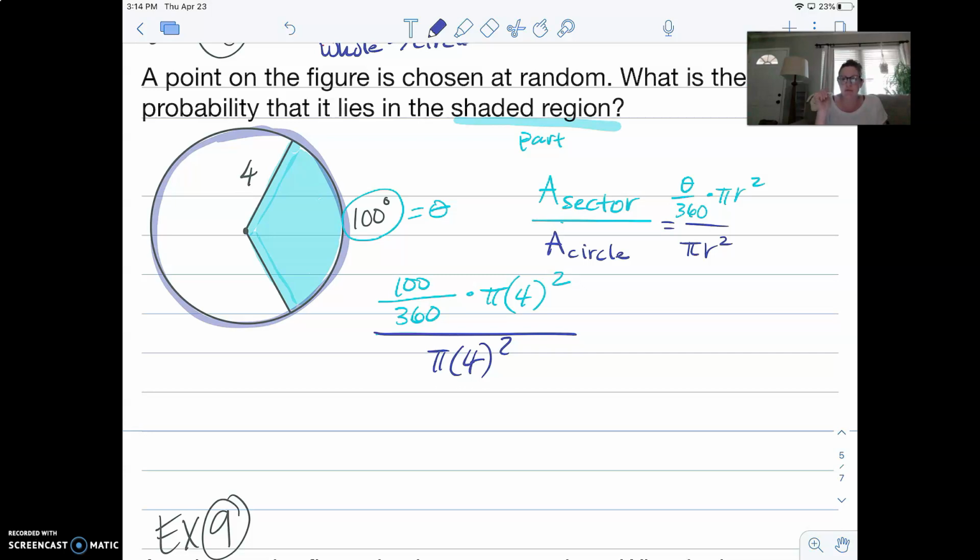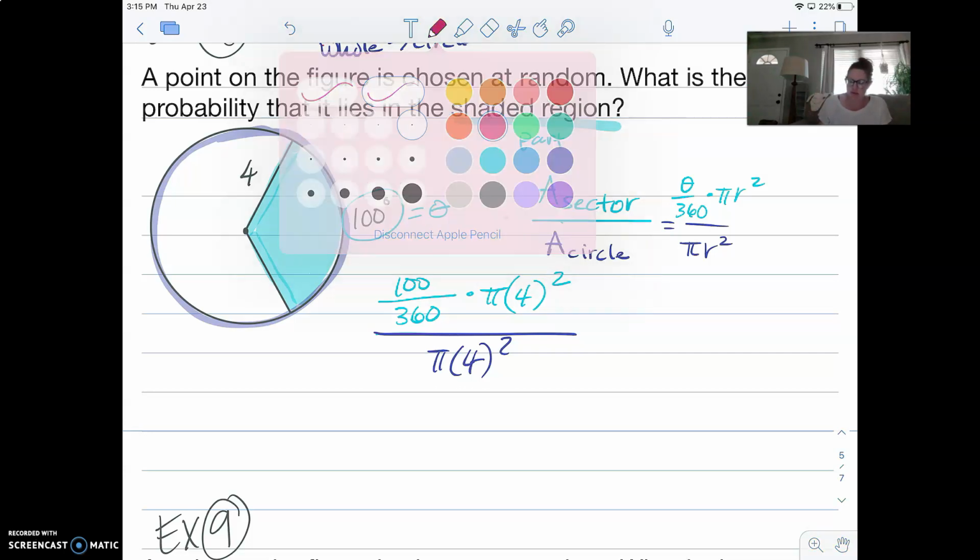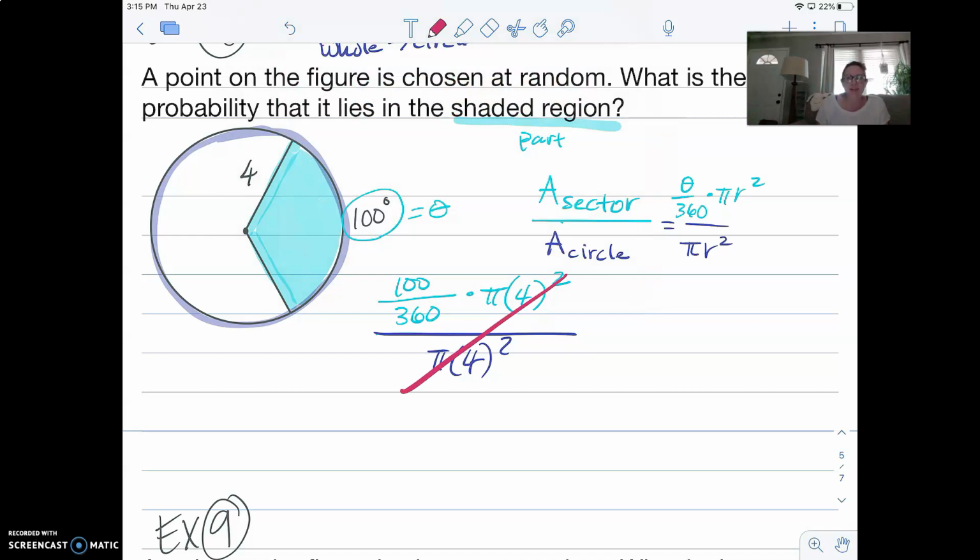4 squared, pi, pi. So guess what's going to happen with those? Boom, they're going to cancel each other out. And so what are you left with? 100 divided by 360. And then you just simplify that, right? That's going to be 10 over 36, which is 5 over 18, or whatever that is as a decimal.